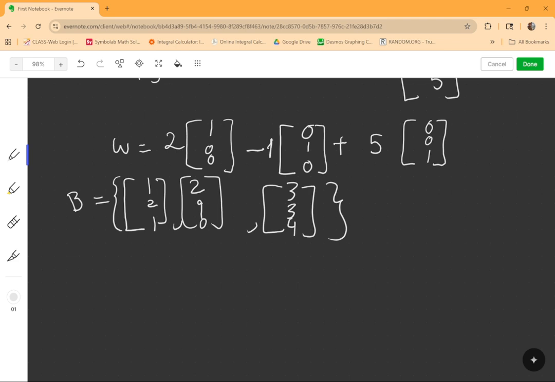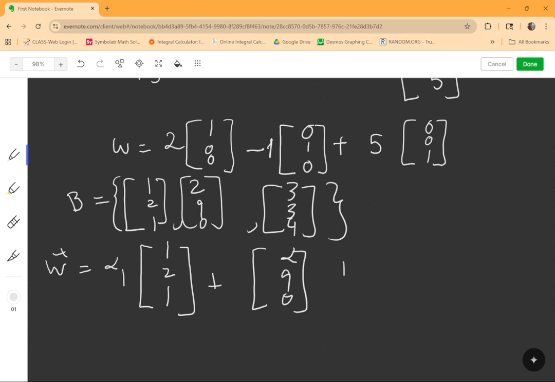If I were to find the vector representation of W in terms of that basis, what that would entail is that I would have to set up a system of equations where I'd have to solve for alpha 1, alpha 2, alpha 3.